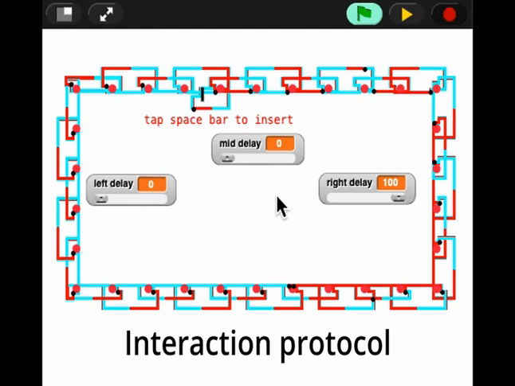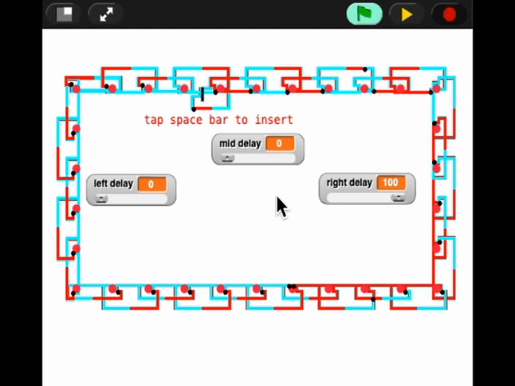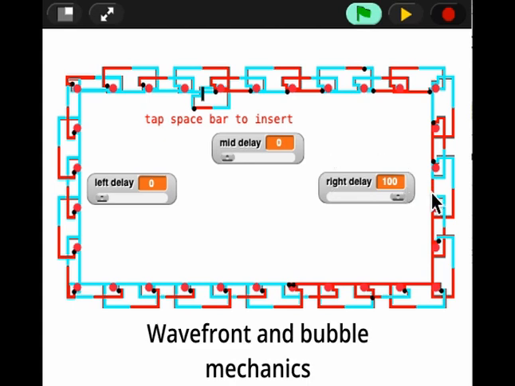Blue wavefronts never flow into red wavefronts. Blue wavefronts never meet because they're separated by a red wavefront, and red wavefronts never meet because they are separated by a blue wavefront. At the delay, a wavefront waits to pass through the delay, and a bubble waits for a wavefront to flow into it.